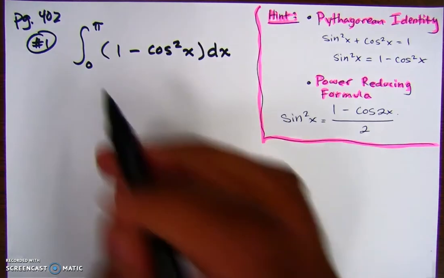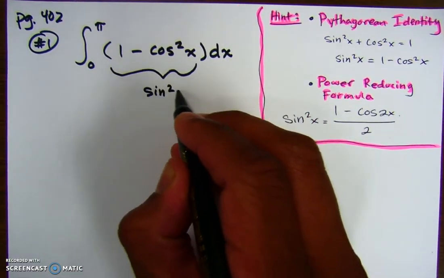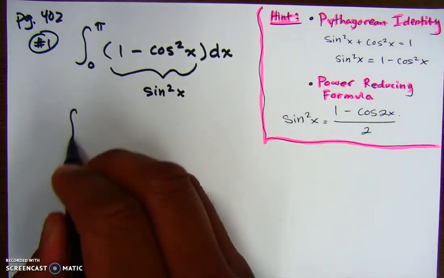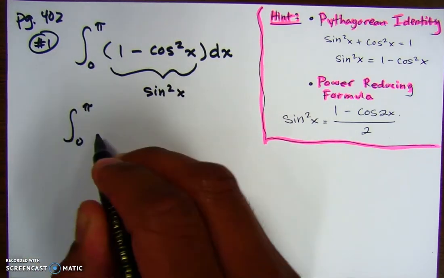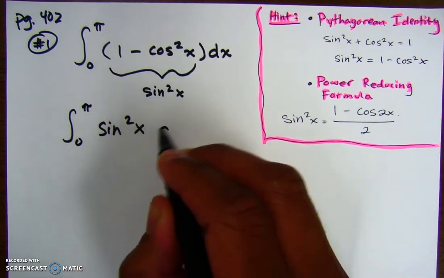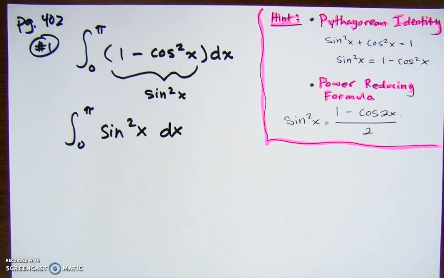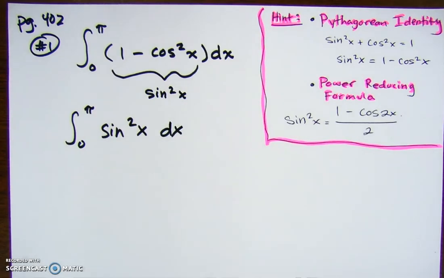And that helps because now this is just sine squared x. So now we have the integral from 0 to pi of sine squared x dx. And you notice that this kind of helps, but it's still hard to integrate sine squared x.